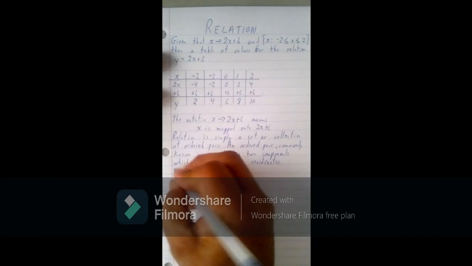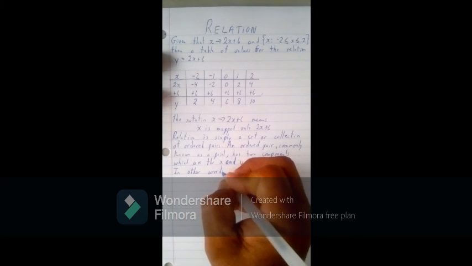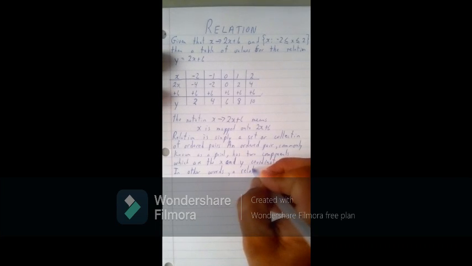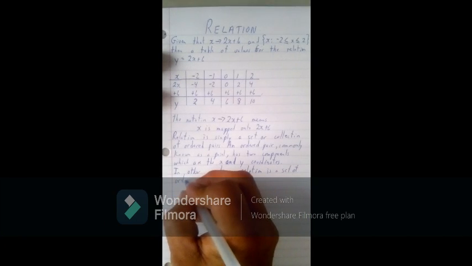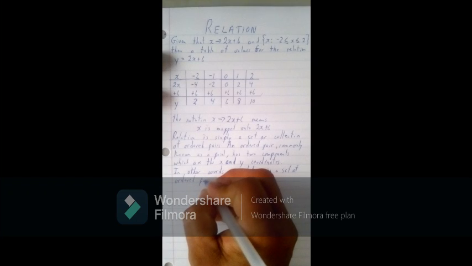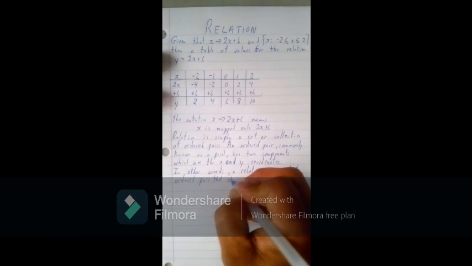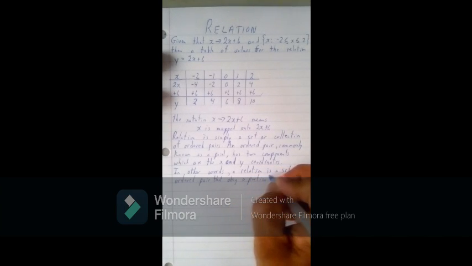In other words, a relation is a set of ordered pairs that obey a particular rule. And what is this particular rule? The mathematical equation which we just did.